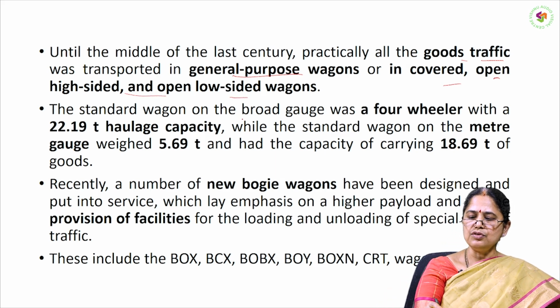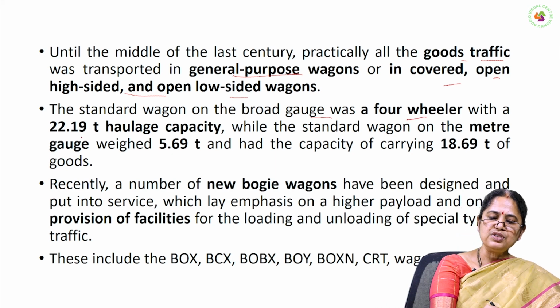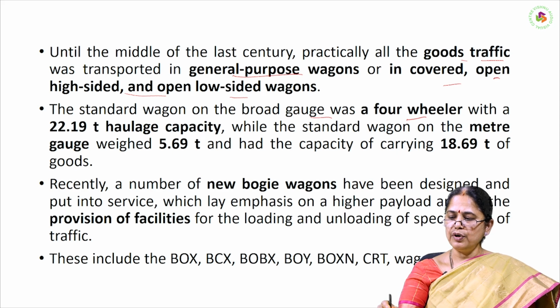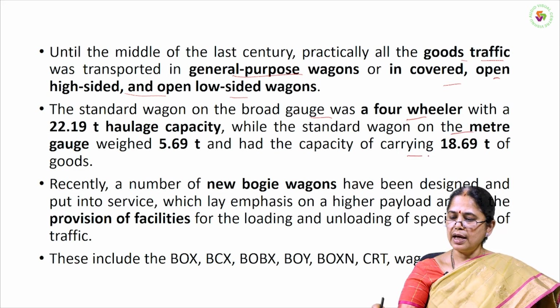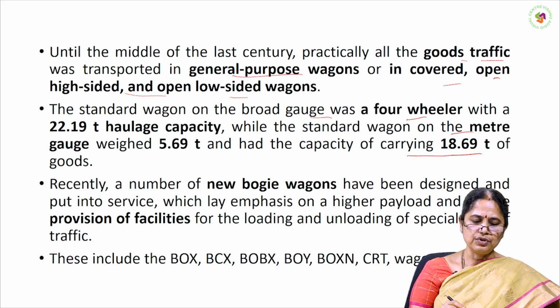The standard wagons on broad gauge were four-wheelers with a haulage capacity of 22.19 tons, whereas for meter gauge wagons the hauling capacity is 18.69 tons of goods.